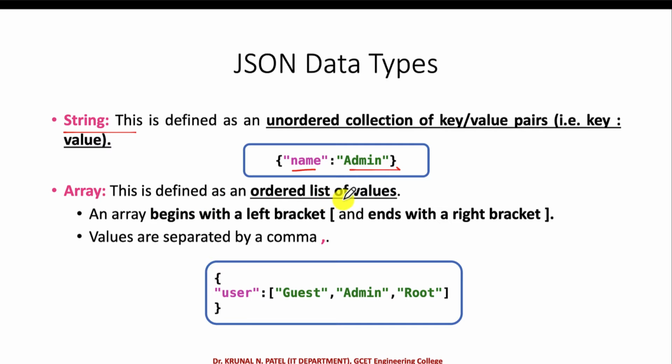It is an ordered list of values, and begins with square brackets. Suppose I want to define an array of users. So users is my key and these are the values: guest, admin, root. These are the array values we have. This way you can define the JSON array.